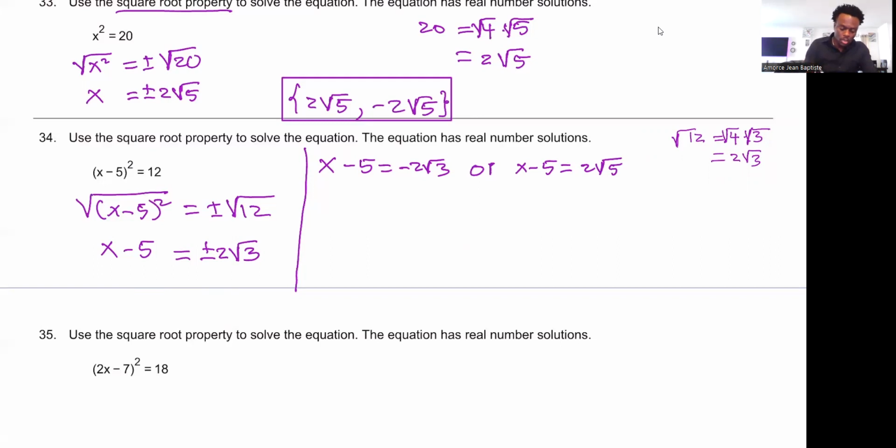All right, so plus 5 on both sides for all the equations. And then x equals 5 minus 2 square root of 3 for this one, or x equals 5 plus 2 square root of 3.